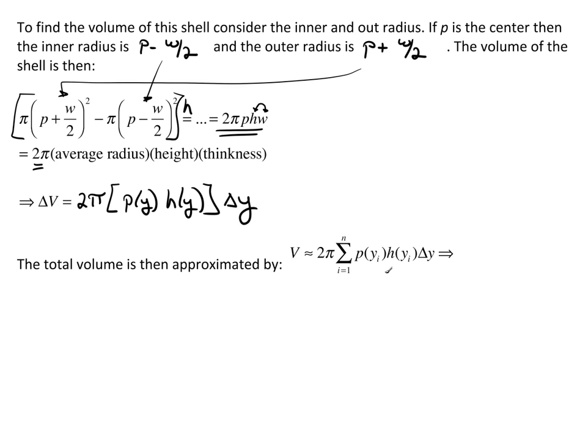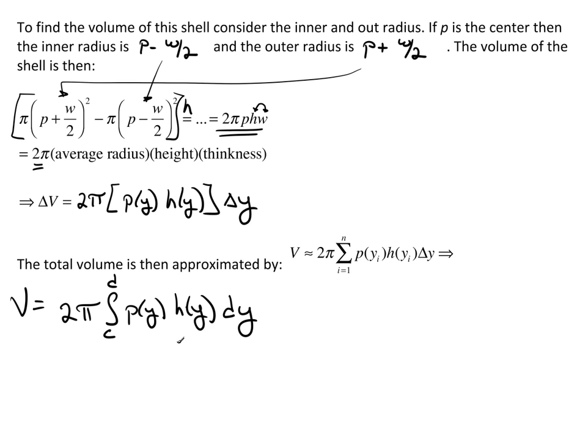Now, if I take this in the limit, then what I end up with is an integral, which is 2 pi times the integral from c to d of p of y times h of y dy. That's my volume.